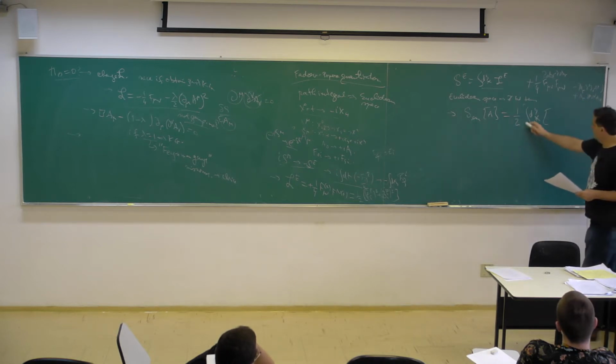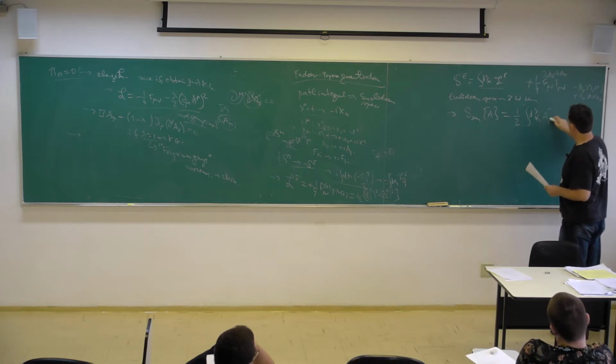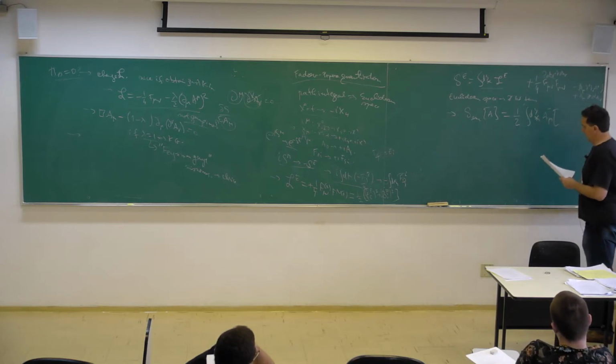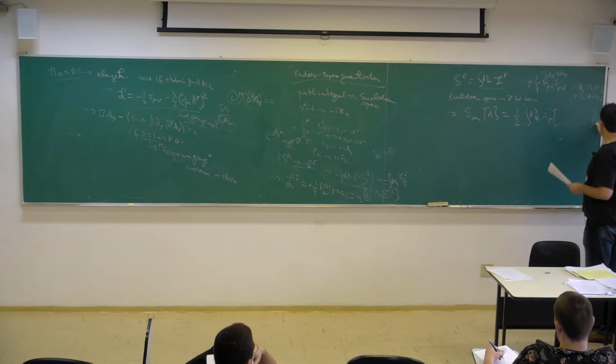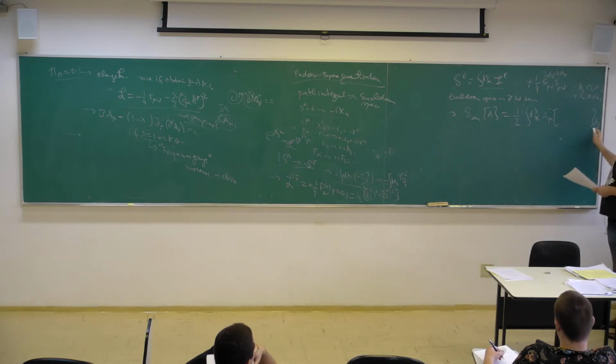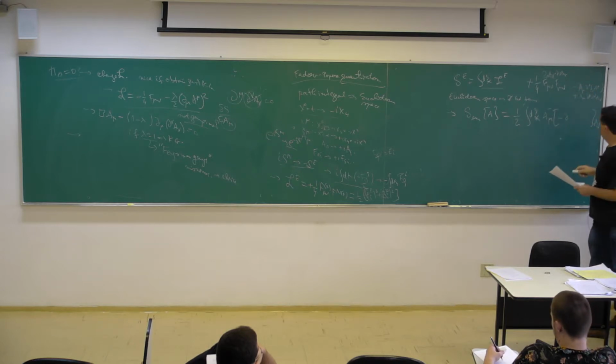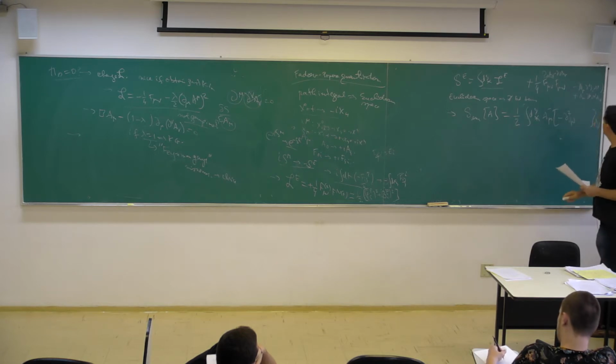So I get 1/2 times a mu, and here I get this term, but in order to write it the same as the second term, on the right hand side I'll put a nu, which means I write this term as minus box, del squared, but then times delta mu nu. And then this term is just d mu d nu, right?